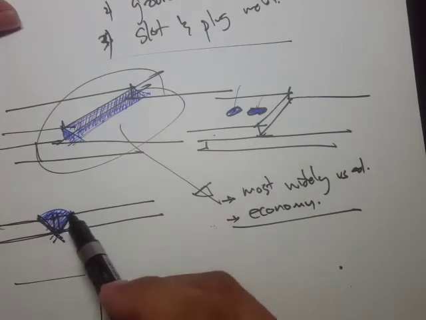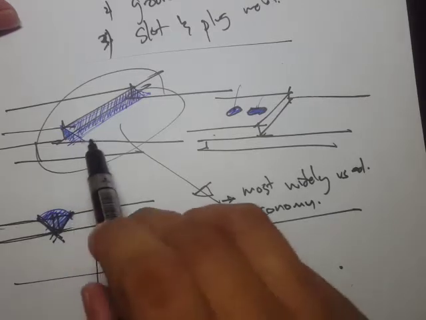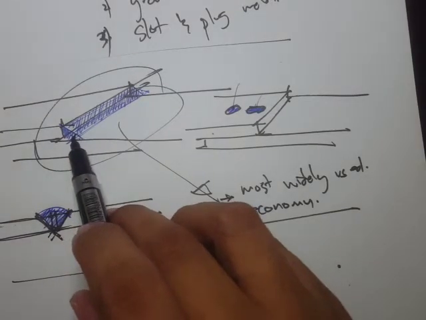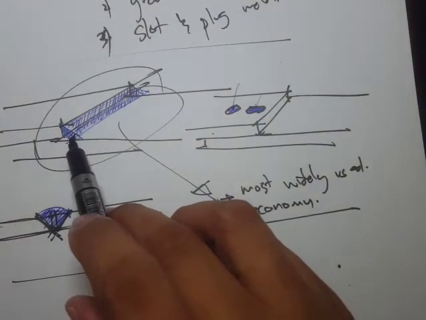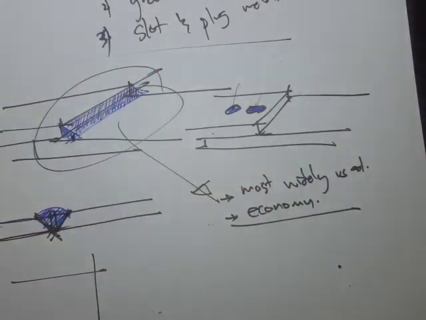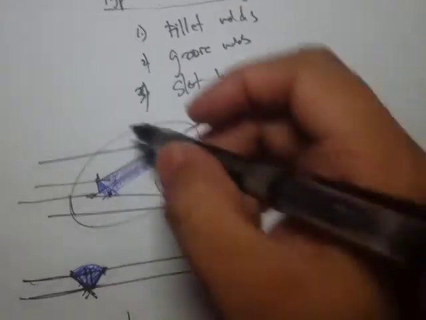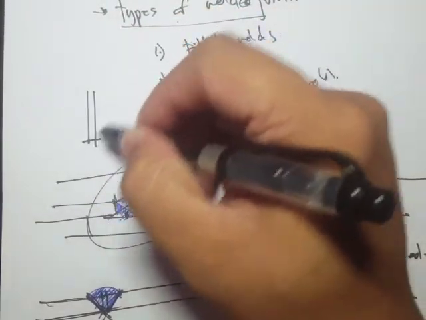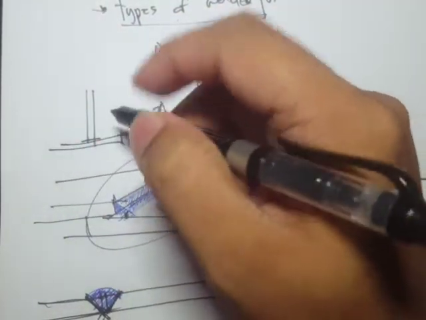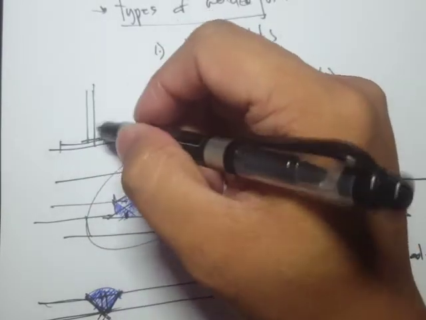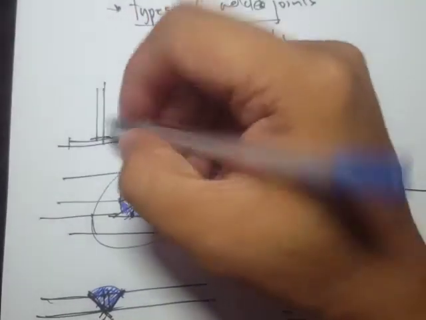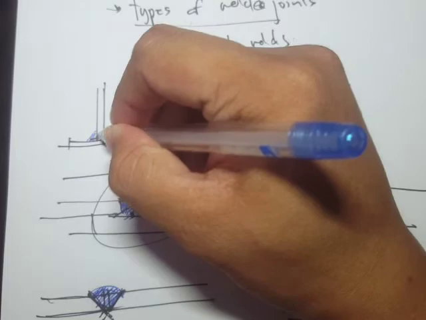This you have to make a groove, but this one you just have to lap each other, or attach each other. And this one can also be in these configurations, let's say in a perpendicular configuration. So you can do that.